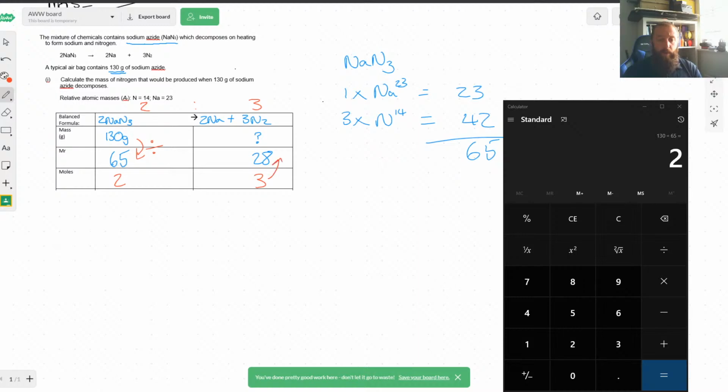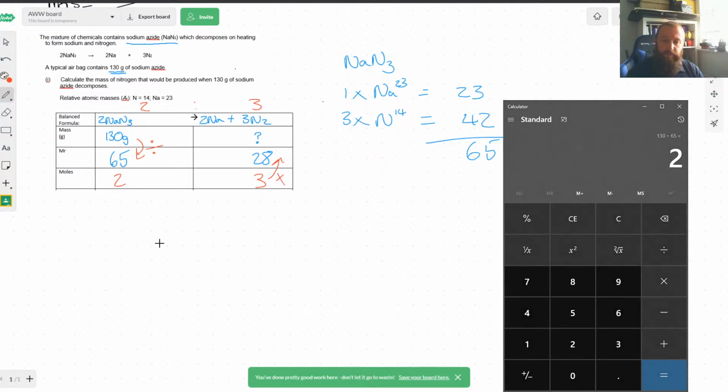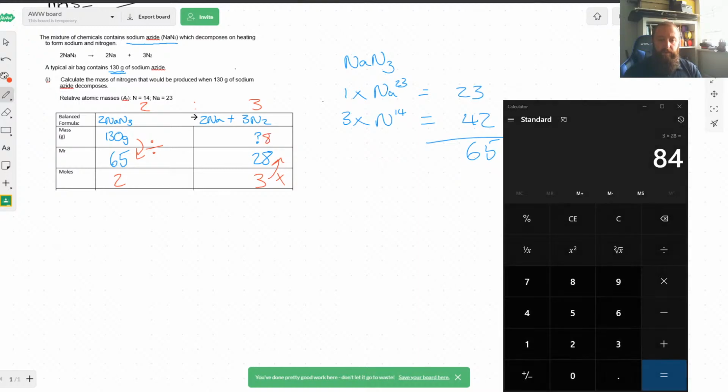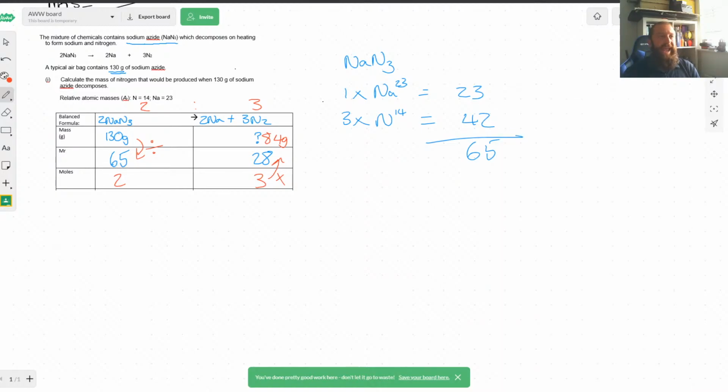I'm now going to multiply back up the table again. So I'm going to bring my calculator back up. I know for you, you can already see it. 3 multiplied by 28 is 84. So my final answer should be 84 grams.